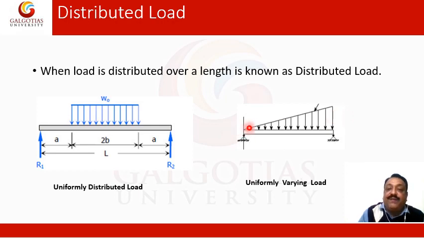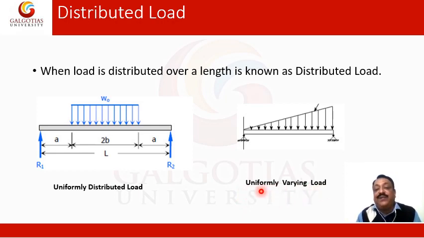So this kind of loading is a triangular load. If the magnitude is denoted by the length of the arrow, then you see the magnitude at one end is zero, and at the other end the magnitude of load is maximum. In between it is varying linearly. So you will call it a uniformly varying load.